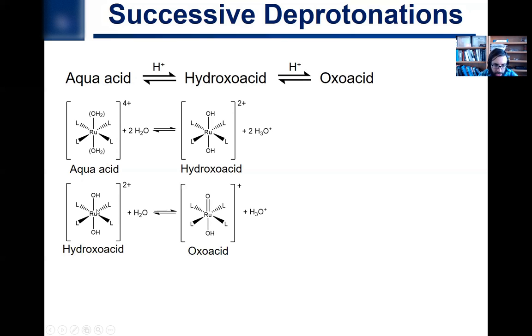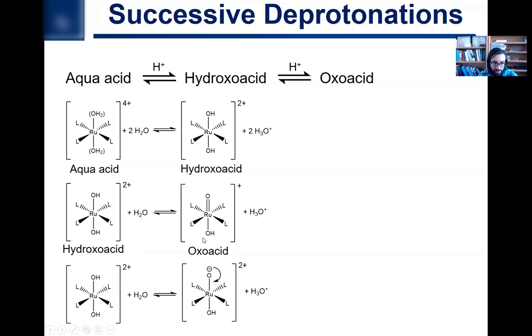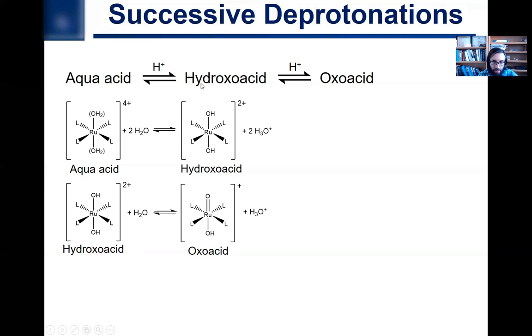And so this can undergo a one proton event where one of these hydroxides loses a proton, and in the process it went from 2+ to 1+ because it lost a proton, made hydronium, and that hydroxide group became an oxo group. So now you have an oxo acid. So you did this whole series, aqua acid, hydroxo acid, to oxo acid.